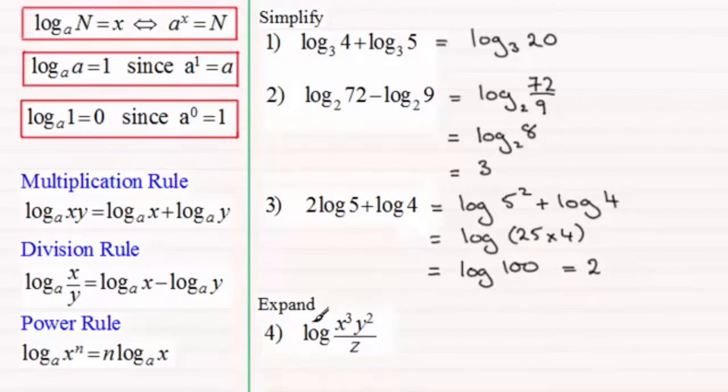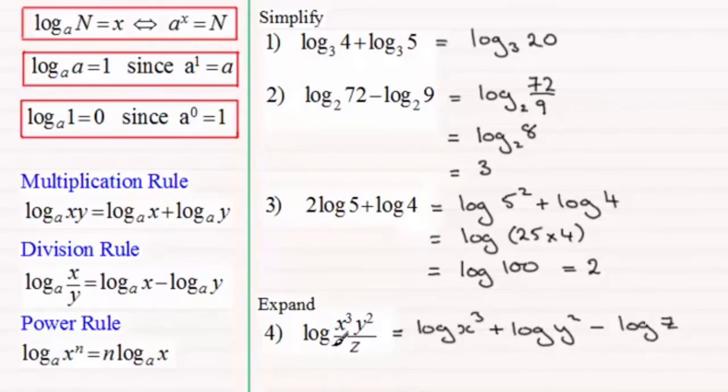Now for the last one, we've got to do the reverse process. We've got to expand this expression. So this is going to be the log of x cubed, and because we're multiplying it with y squared, we can use the multiplication rule and say this is the same as plus the log of y squared. And then we're dividing by z, so we can say subtract the log of z.